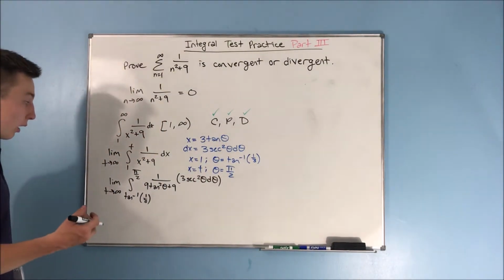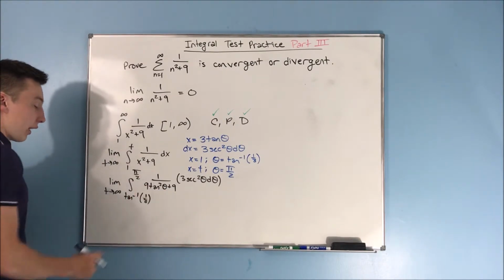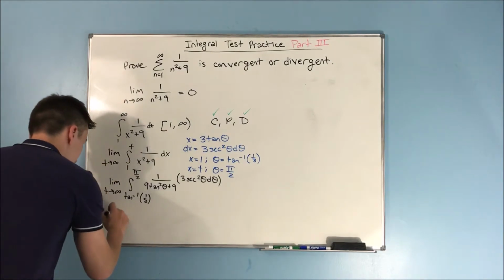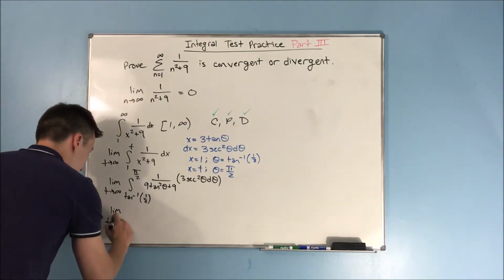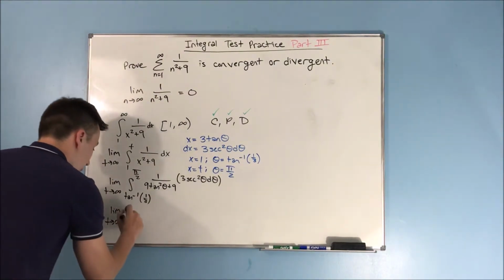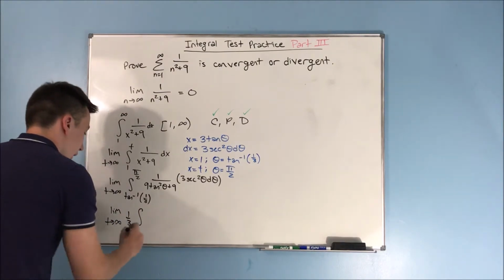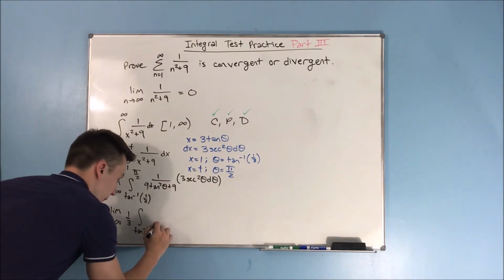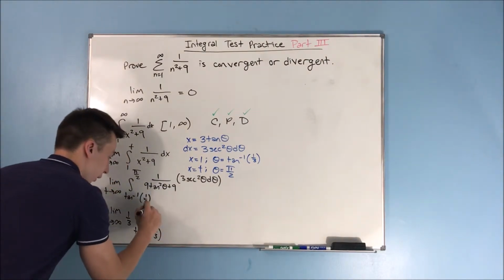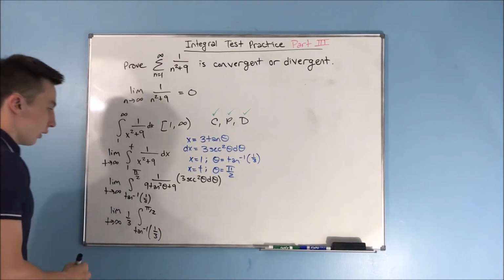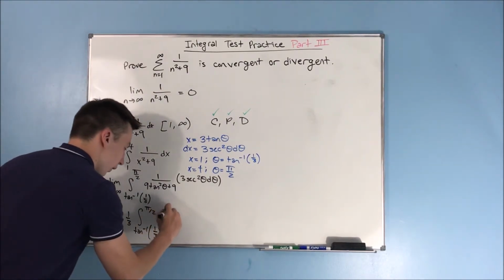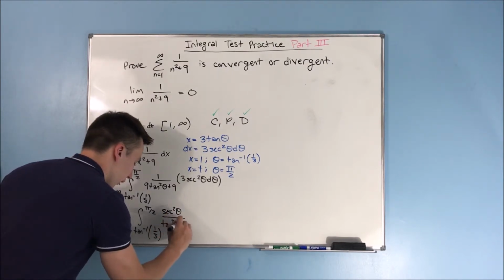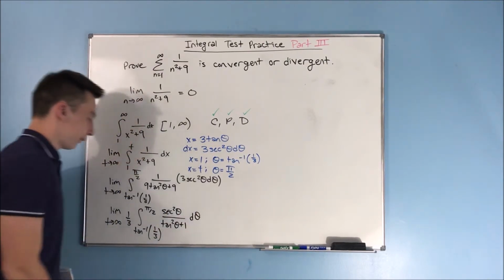We can take out a 9 from the bottom and the 3 on top, so we get the limit as t approaches infinity of 1/3 the integral of secant squared theta over tangent squared theta plus 1, d theta.